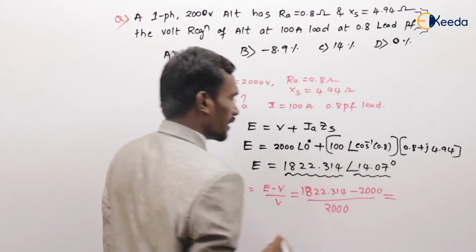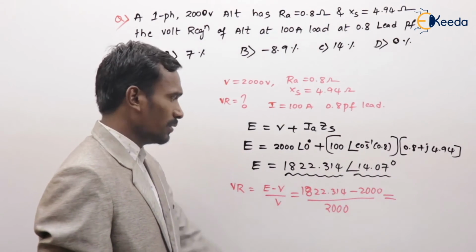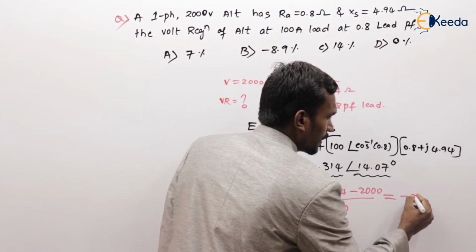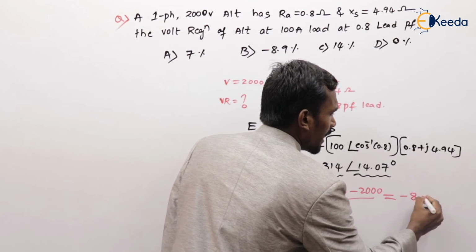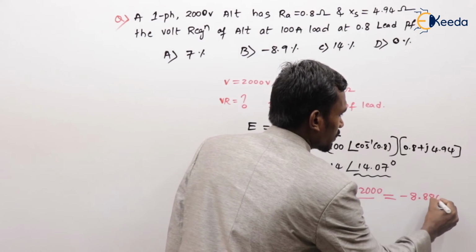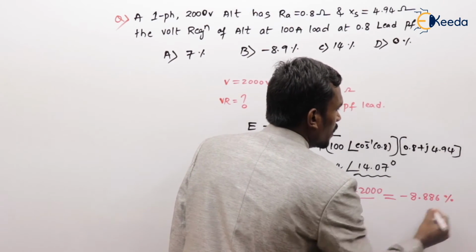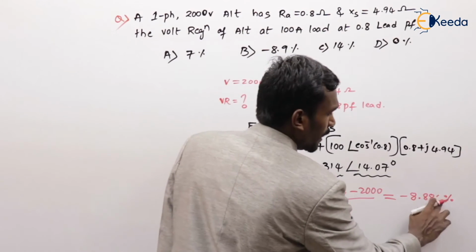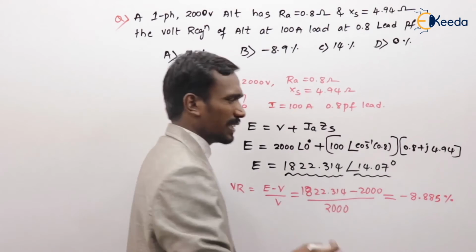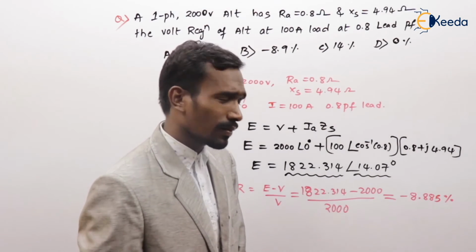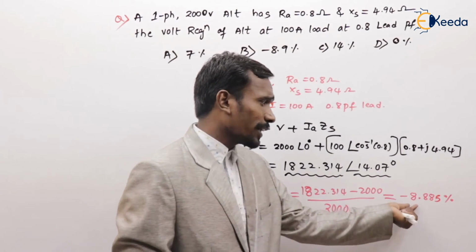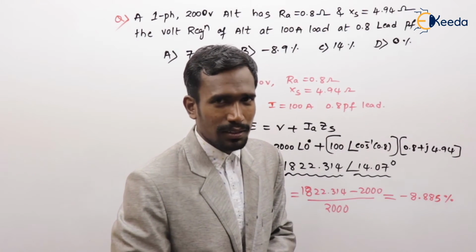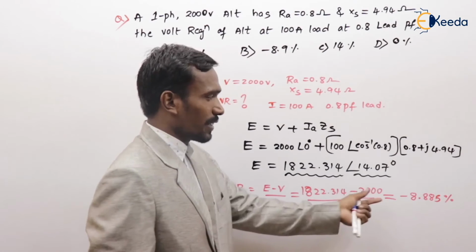If you solve this equation, you get around minus 8.885%. Yes, this is my voltage regulation.